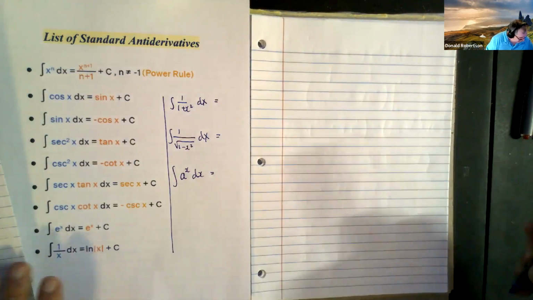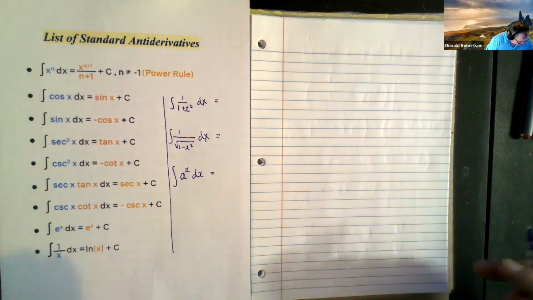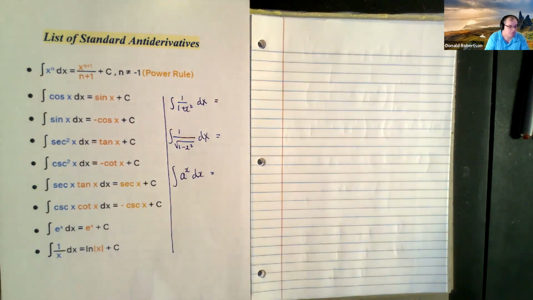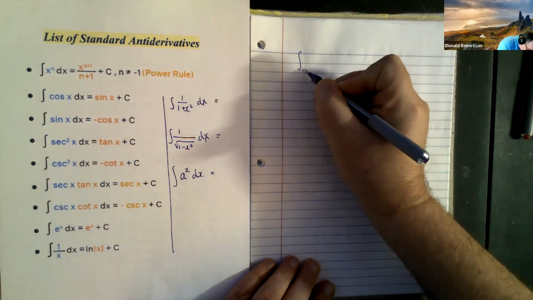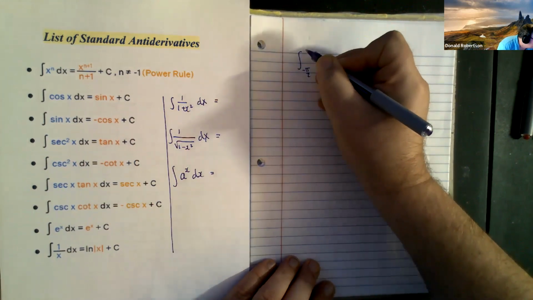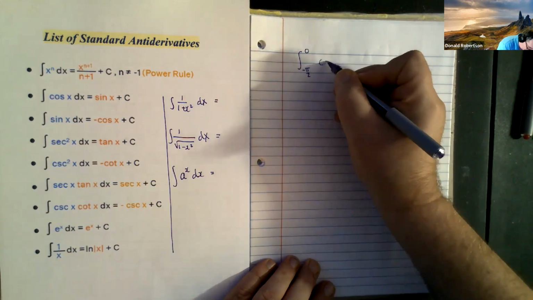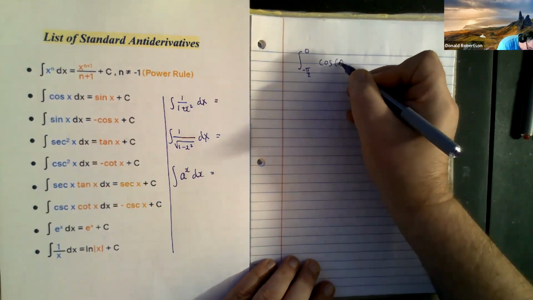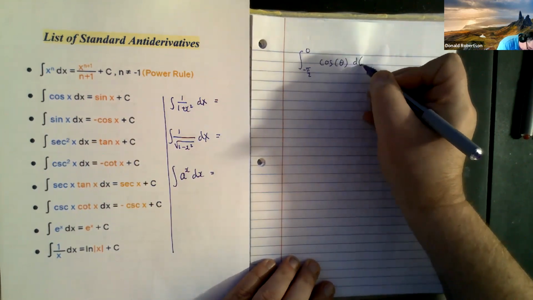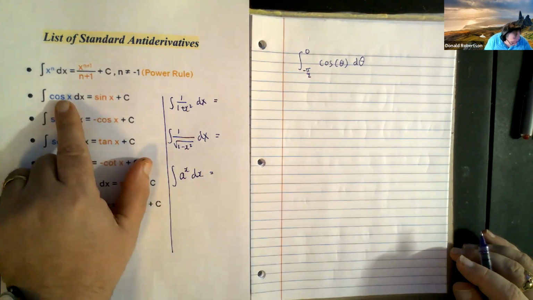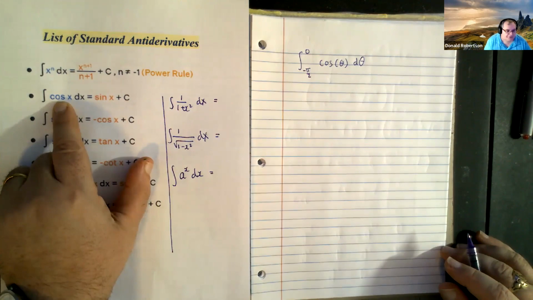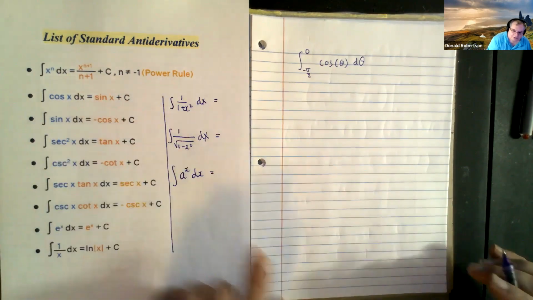Now, the next question is not that weird, but it's not a power rule anymore. Let's do the integral from negative pi upon 2 to 0 of cosine of theta d theta. Now, if we scan through our list, the antiderivative of cosine is sine.